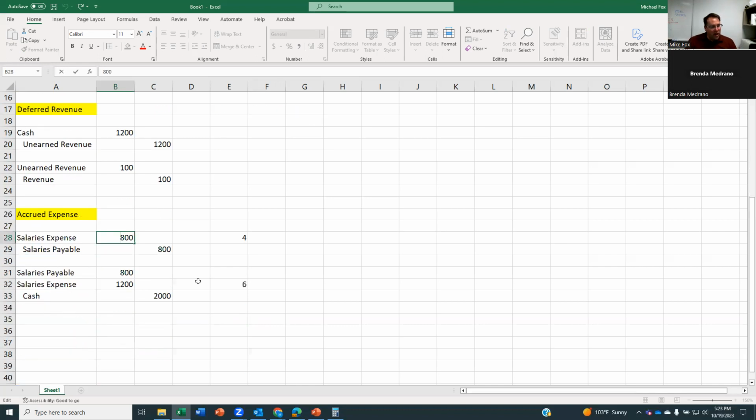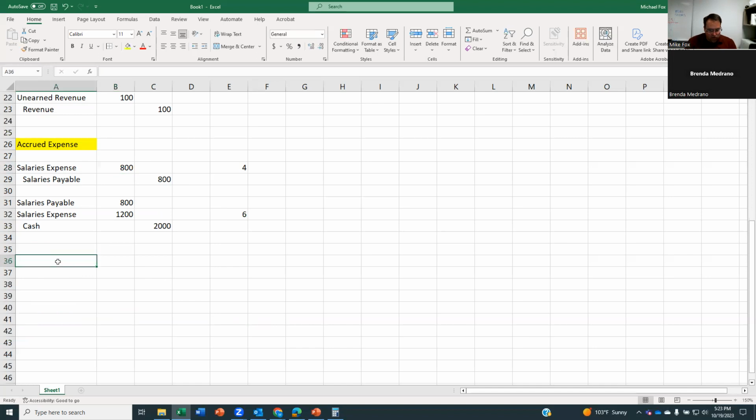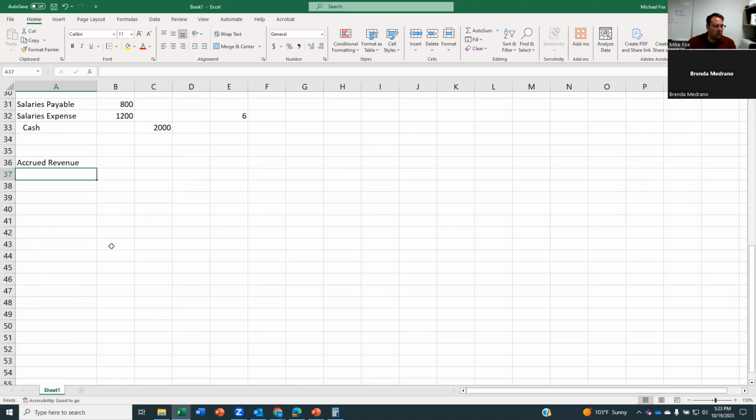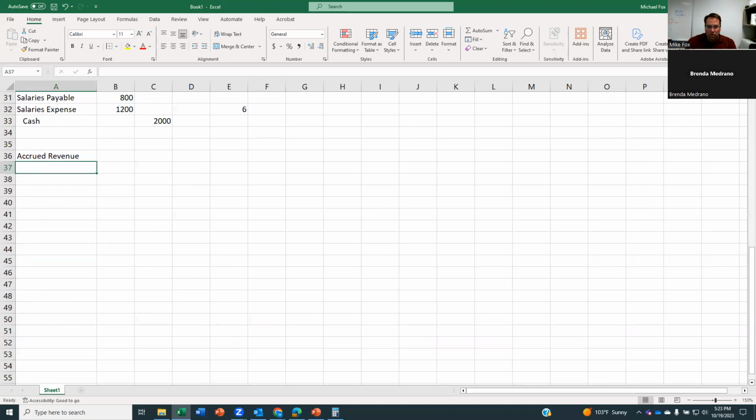And then the last one is an accrued revenue. With an accrued revenue, and again, this depends on the type of business, a lot of service-based businesses do this, especially attorneys and accountants, where we just keep track of the number of hours we worked for a client during the month, and then we get to the end of the month and we bill them.